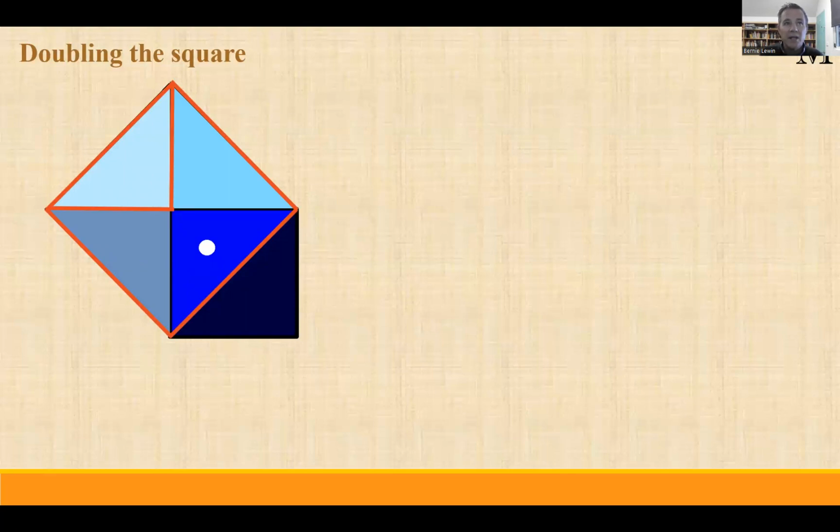We count the triangles, 2 triangles in the first square, and then we see 4 triangles in the second square. So the area must be double. And this gives us a particular case of the relationship expressed in Pythagoras' theorem.